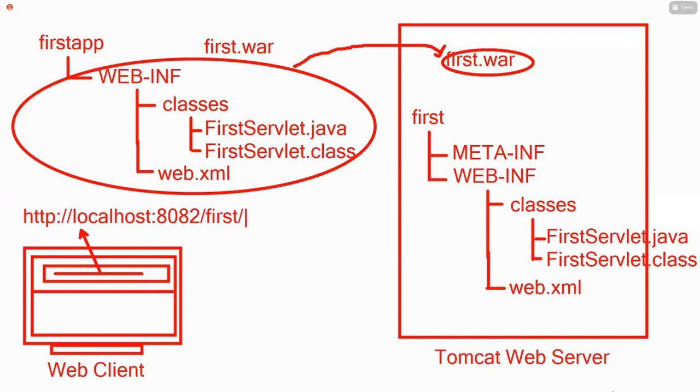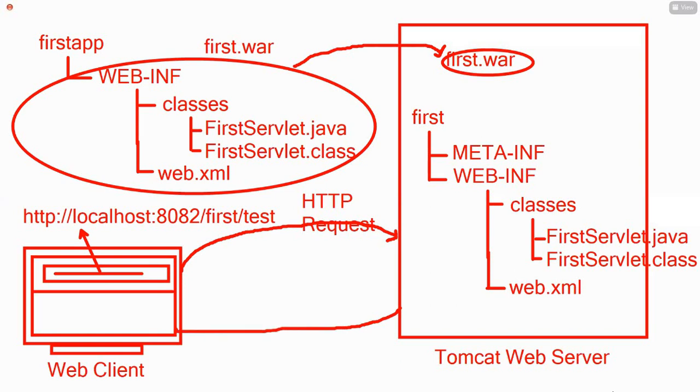In that, I typed my request and it was passed. This request is called an HTTP request. From the server, the response comes. For sending the response only, one stream is created.